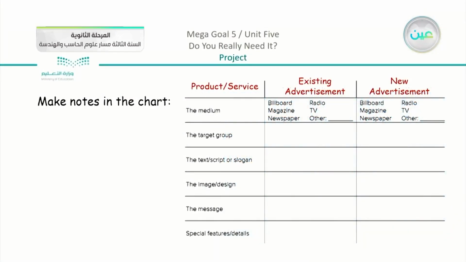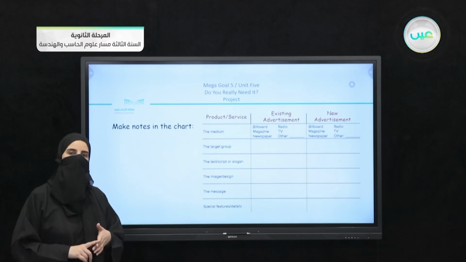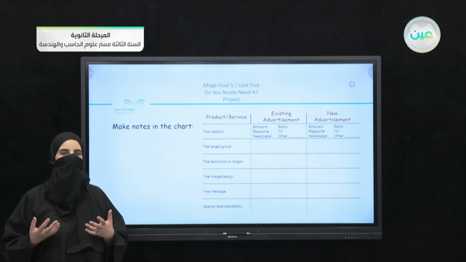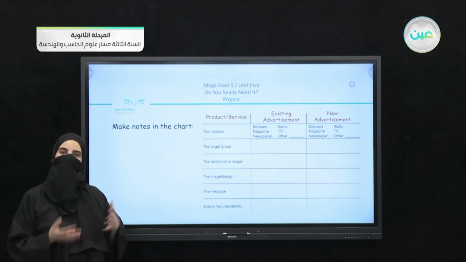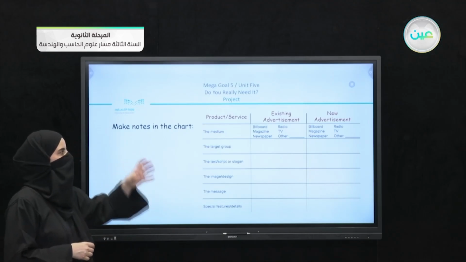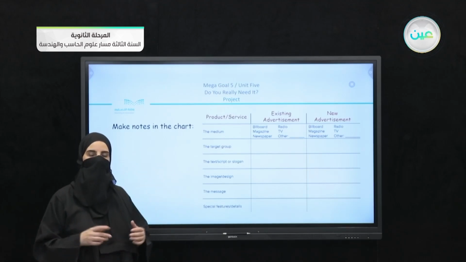Once we have discussed the advertisement and we have analyzed who is the advertisement for, what is it about, what are the advantages, what are the disadvantages, and what is the aim of it, we are going to have this kind of chart here, and we are going to fill the chart. Now here you can see that we have the same chart in your books.